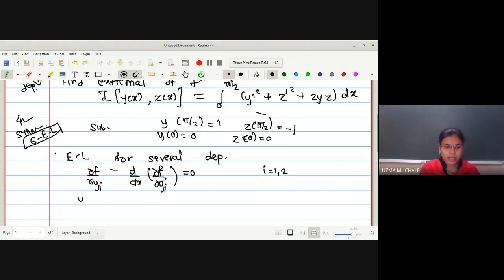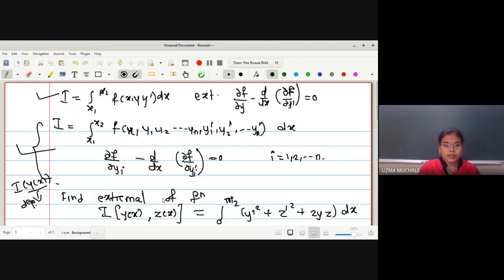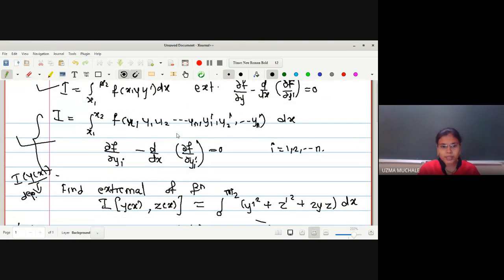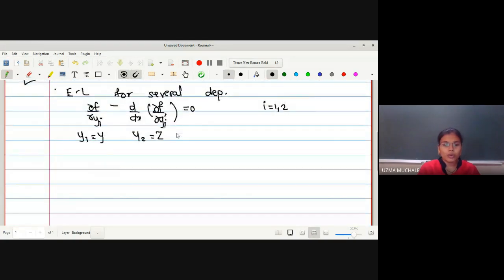That means we can say y1 is equal to y and y2 is equal to z. By your theorem we have y1, y2 up to yn, but instead we have n equal to 2. That means only two dependent variables.